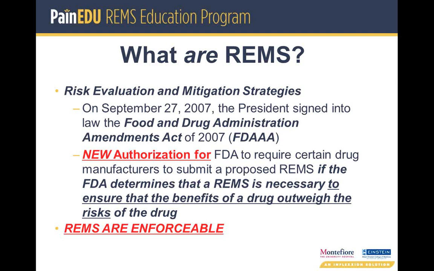When the FDA got this authority from the Food and Drug Administration Amendments Act back in 2007, it allowed them to act in a way that was a little bit closer to the clinicians who are practicing medicine, where typically it's the Drug Enforcement Administration that interacts with the clinicians and the Food and Drug Administration interacting with the pharmaceutical manufacturers. So this is the beginning of a way that the FDA could interact with more of the stakeholders in the story.